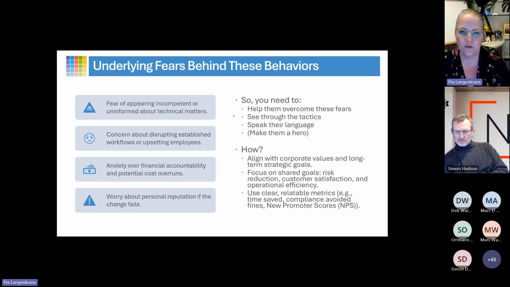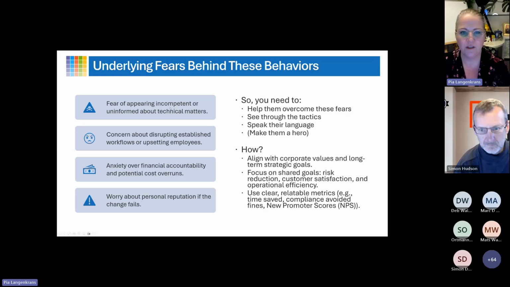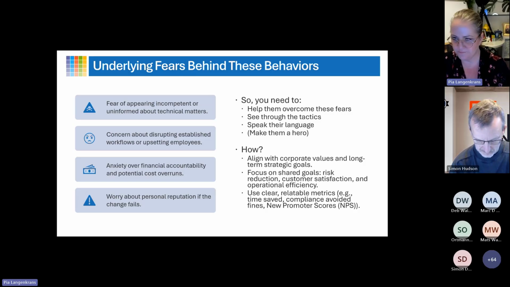Also, so important is the psychology of this and the underlying fears behind these behaviors. I'll be coming to the different behaviors after the slide, but there is the fear of appearing incompetent or uninformed about technical matters. The more we talk about the technical details, the less they understand. It's like imagine learning Japanese.